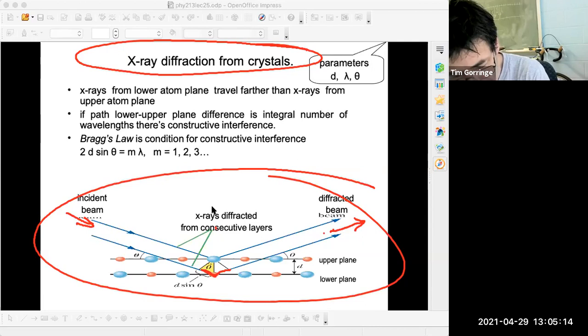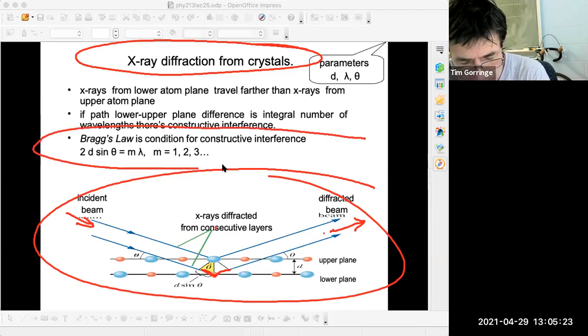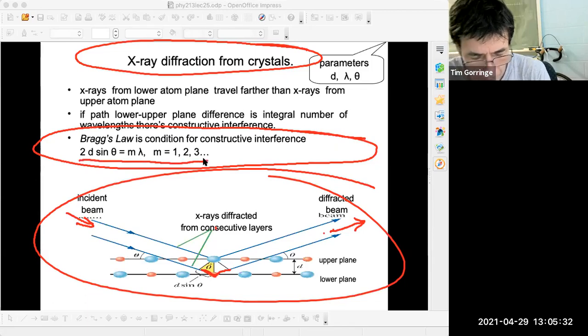And you can turn this picture here into an equation for when you get constructive interference. And that equation is called Bragg's law. That equation for constructive interference is this little equation here.